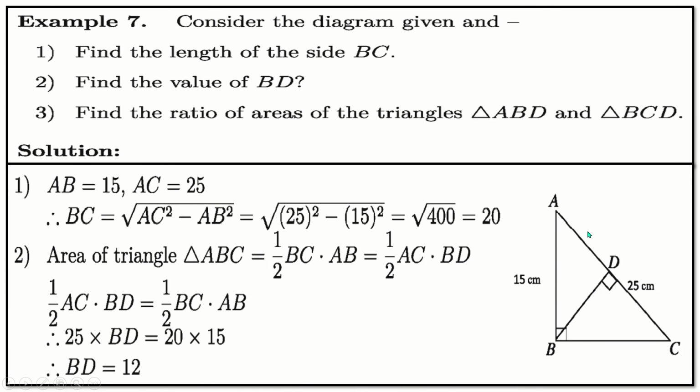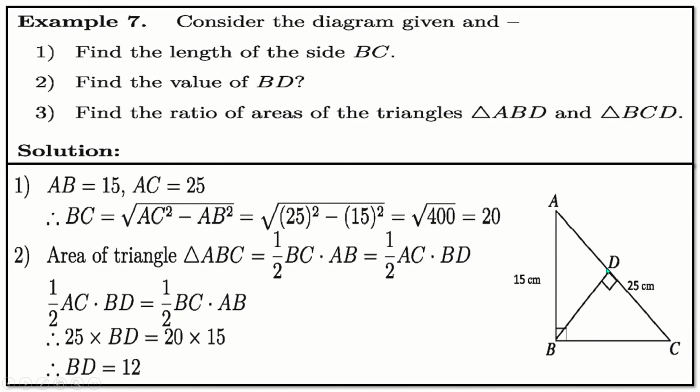Again, we have to find the value of BD. Here ABC is a right angle triangle, so AB is the height and BC is the base. So area of triangle ABC is equal to half into base, that means BC into AB. Also when AC is considered as base, then BD will be the height.